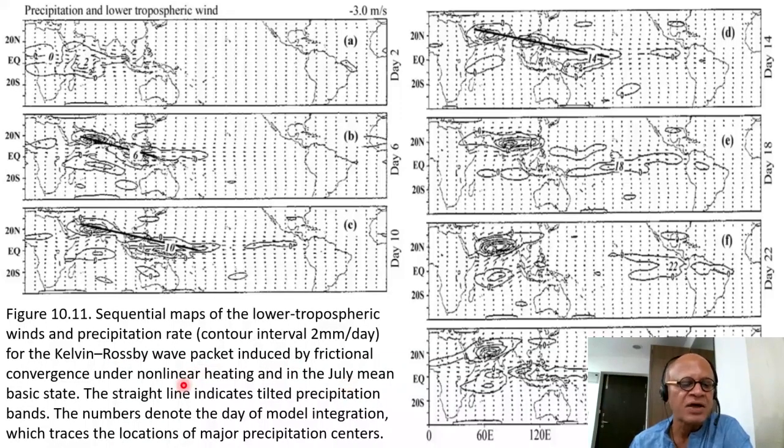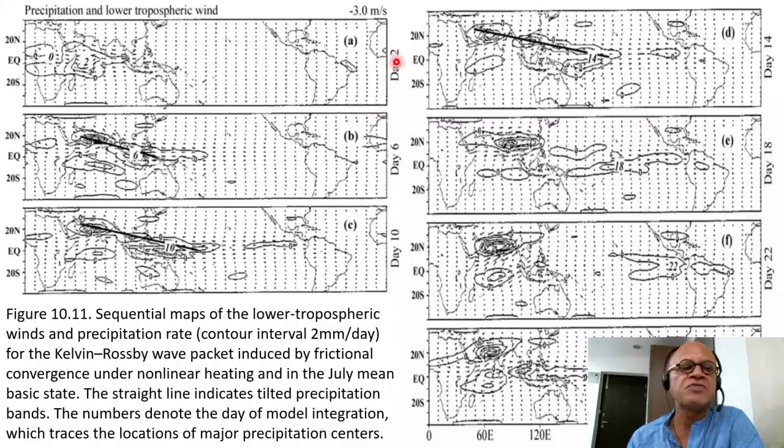So this time, unlike the previous times, a background state has been prescribed, which is very critical for accomplishing this northward propagation during the boreal summer months. The straight line indicates tilted precipitation bands here, which is argued to be one reason why the mechanisms explained by this model are accurate, because it captures the structure which is observed. And the numbers denote the day of the model integration, which traces the location of the major precipitation centers.